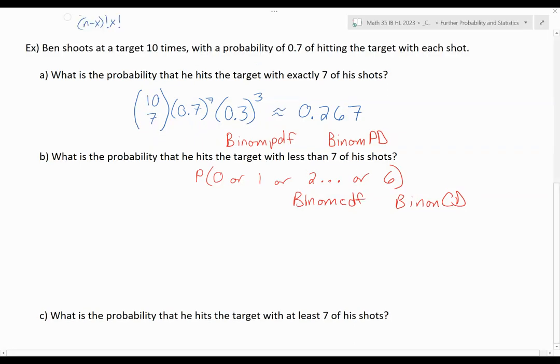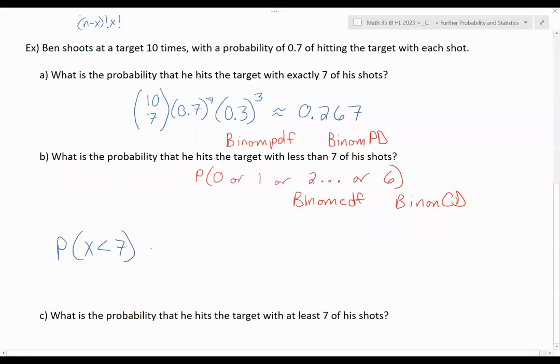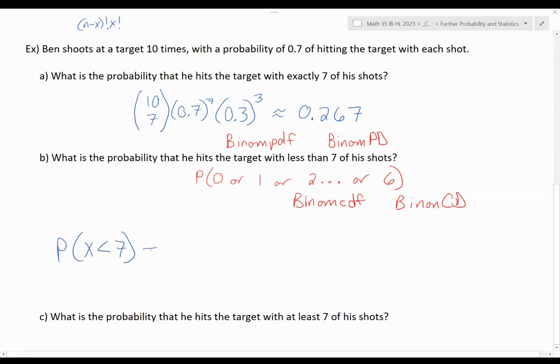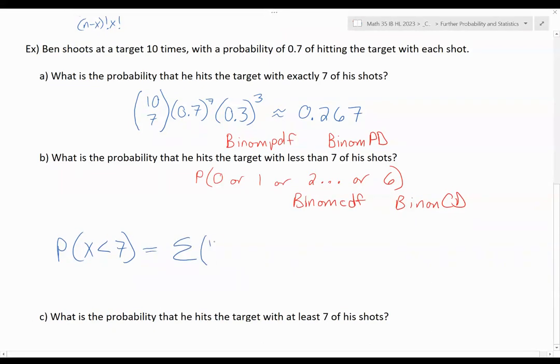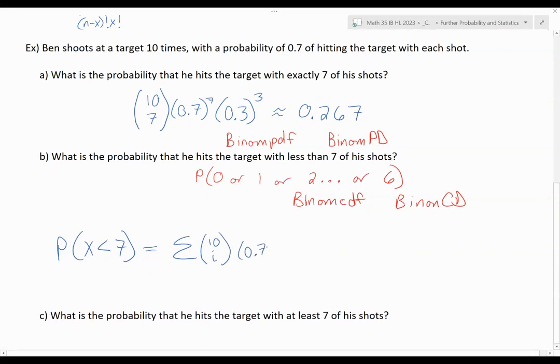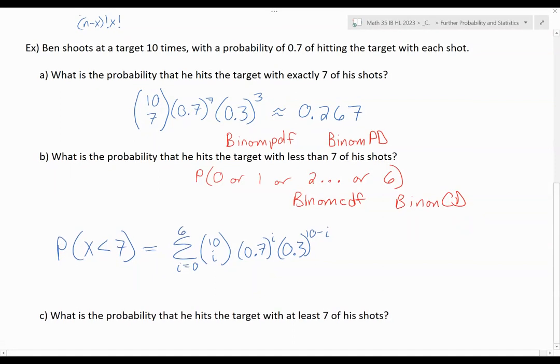So what I can do for this, the probability that X is less than 7 is going to be the sum of all the probabilities: 10 C i, 0.7 to the power of i, 0.3 to the power of 10 minus i, for values of i going from 0 to 6.